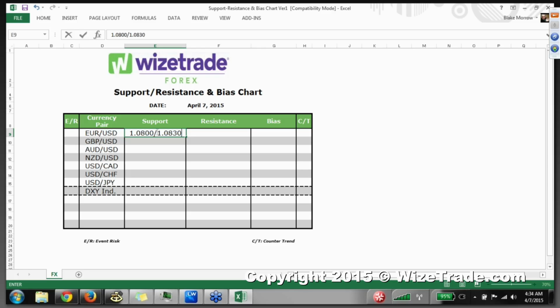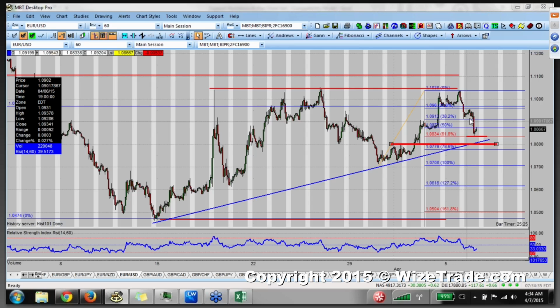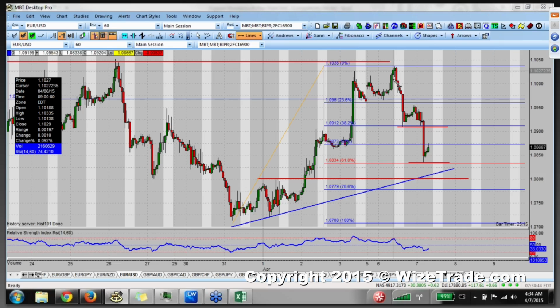Plus we got that breakout point right here. So we have 1.0830 and 1.08. Those are our two levels of support for the euro dollar.